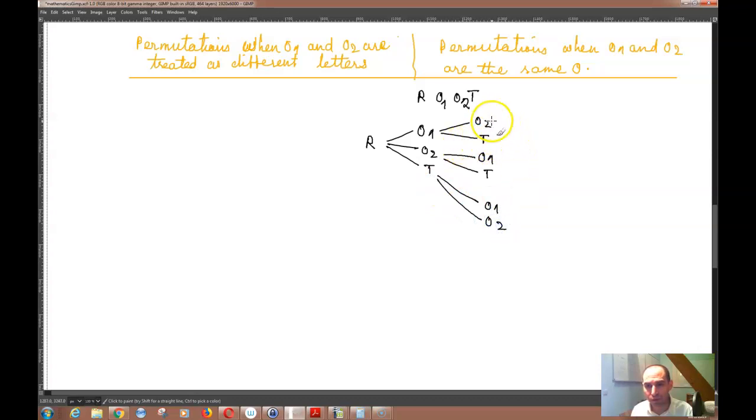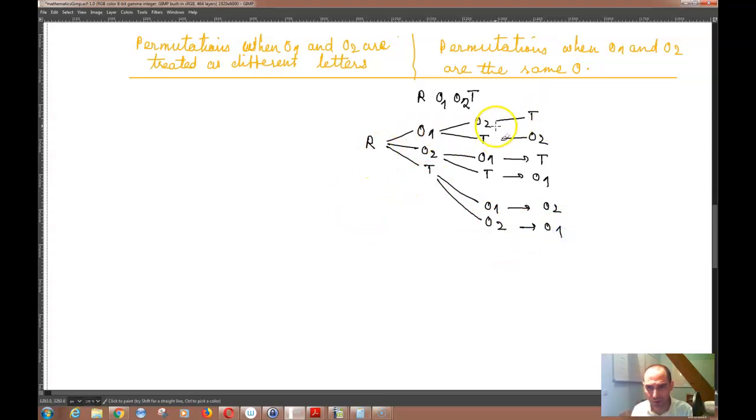Now relative to this choice you would have RO1, O2 and T here. You would have RO1, T and O2. And over here you would have RO2, T, O1. And over here you have RT, O1, O2. RT, O2, O1.